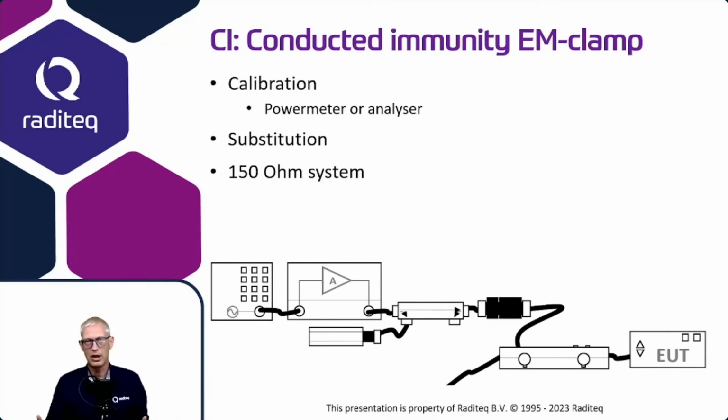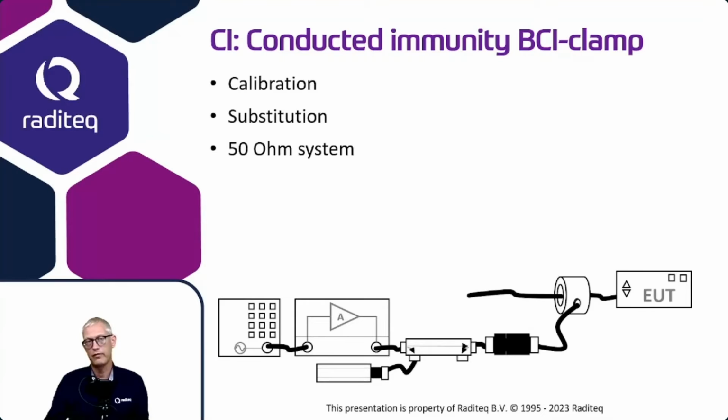Also, the EM clamp, the Luthi EM101 clamp, for example, is fully supported. For the calibration, a power meter or a spectrum analyzer can be used to verify the calibration signal, and it's easy to configure. RadiMation is also aware if it's a 150 ohm system, or for a BCI clamp, it very often is a 50 ohm system, but there are some differences in how the calibration should be done.